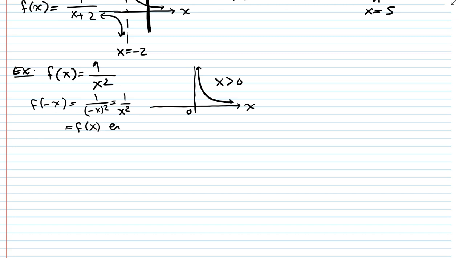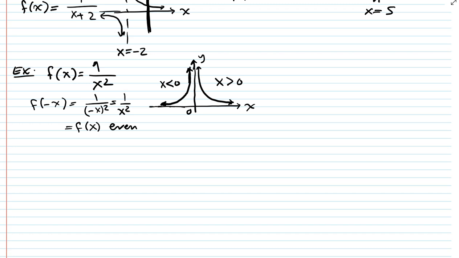So it is an even function. If it's even, that means symmetry with respect to the y-axis. So the other branch is going to be the mirror image of what's on the right side. That's for negative x's. And you are looking at a complete graph.